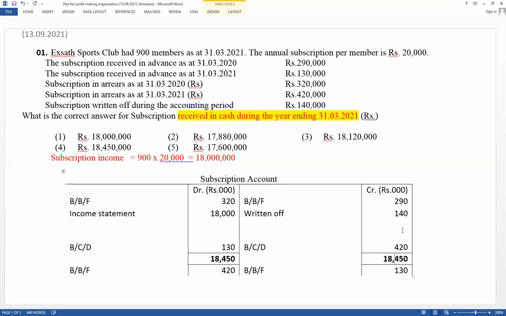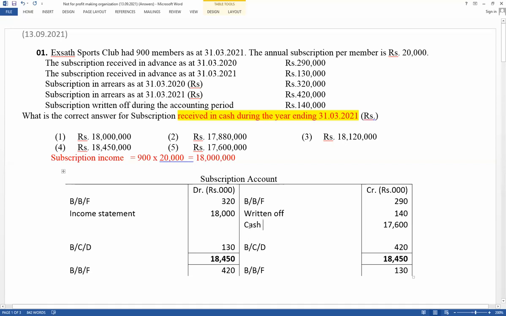Now take the answers. 18,450 minus 420 as well as minus 140 minus 290. Therefore, as a subscription received amounts 17,600. What is the double entry? Cash account debit, subscription account credit. Therefore, as a cash.